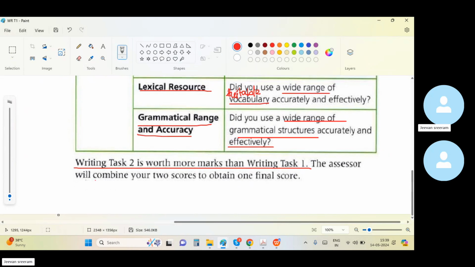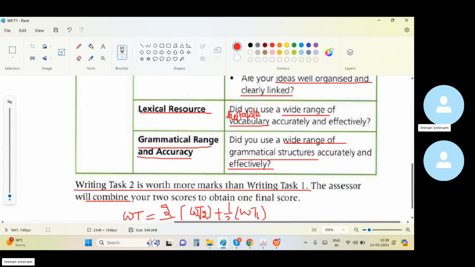The overall writing section score is going to be calculated using this equation: two-thirds of the writing task 2 score and one-third of the writing task 1 score. You should always remember that writing task 2 is worth twice as many marks as writing task 1.